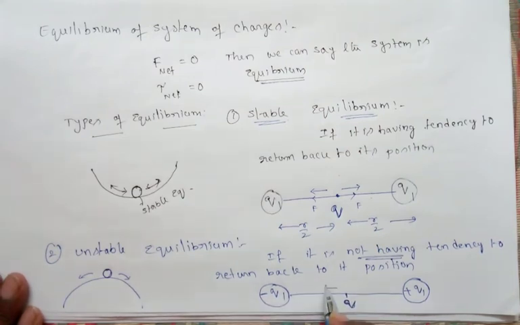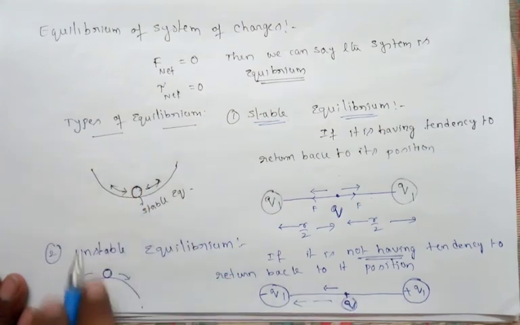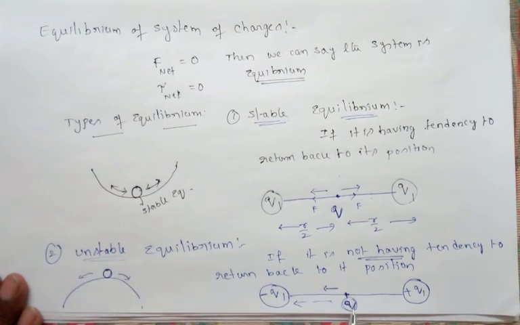But once you move it to this side, this charge will be more attracted by this one, repulsion is weak, and attraction is more. Then once you move this side, it reaches this charge only, but it won't come back to its position. So this charge has no tendency to come back. Then we can say this charge is not in a stable, it is in an unstable equilibrium. So that is the thing you can understand.